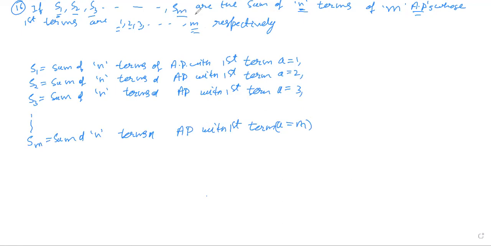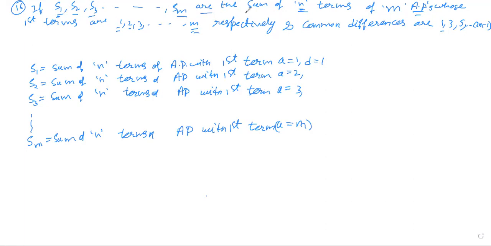If S1, S2, S3 up to Sm are the sum of n terms of AP whose first terms are 1, 2, 3 and so on up to m respectively, and the common differences are 1, 3, 5 and so on up to 2m minus 1. Means common difference of first AP is 1.